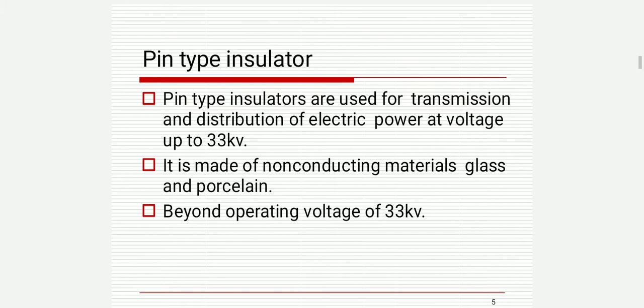It cannot be used beyond the operating voltage of 33 kV because it becomes uneconomical, and also because of this the efficiency of that particular line decreases. The common materials used for making the pin type insulator are porcelain and also glass.